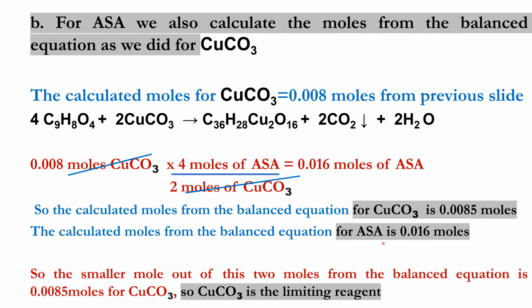The reagent that has a smaller mole is the limiting reagent. So in this case, copper 2 carbonate is the limiting reagent because its mole is smaller than the moles for acetyl salicylic acid.